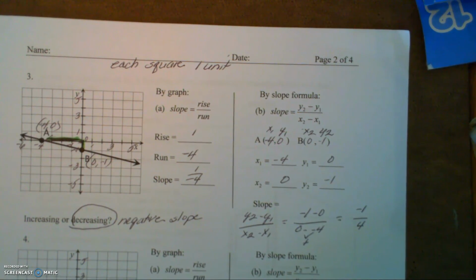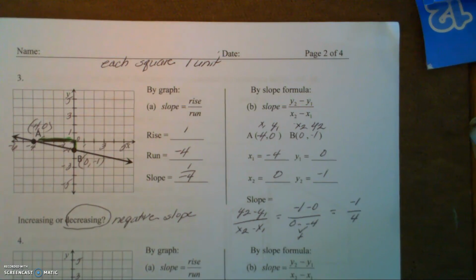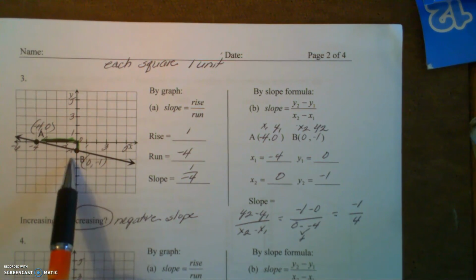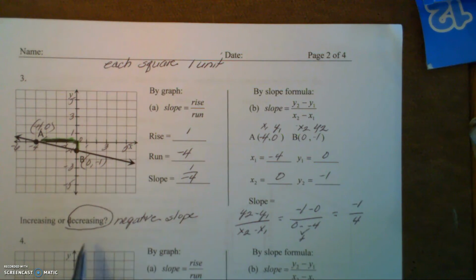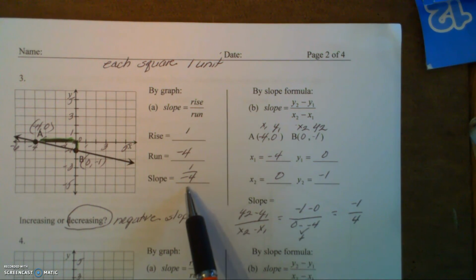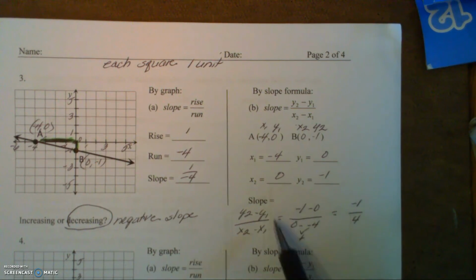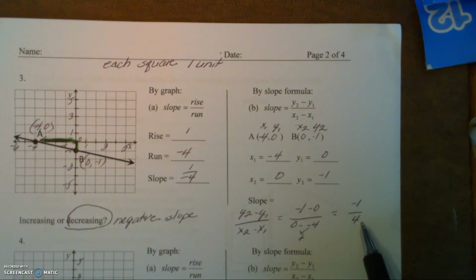Okay, so take a minute to see if you labeled your coordinates right, if you were able to draw the slope using the box method, if you had increasing negative slope, if you got a 1 over -4 slope, and if when you calculated it, you calculated it correctly. Okay, pause it if you need to, correct your work as needed, ask questions as needed.